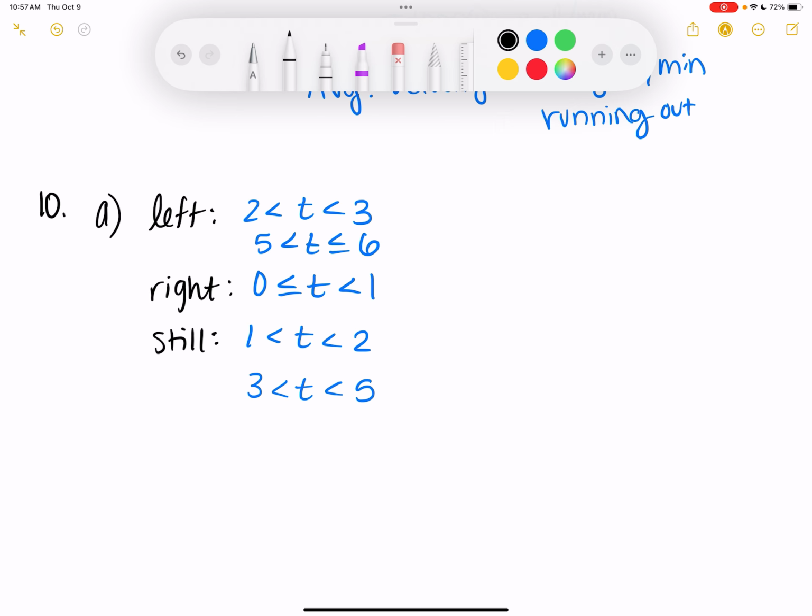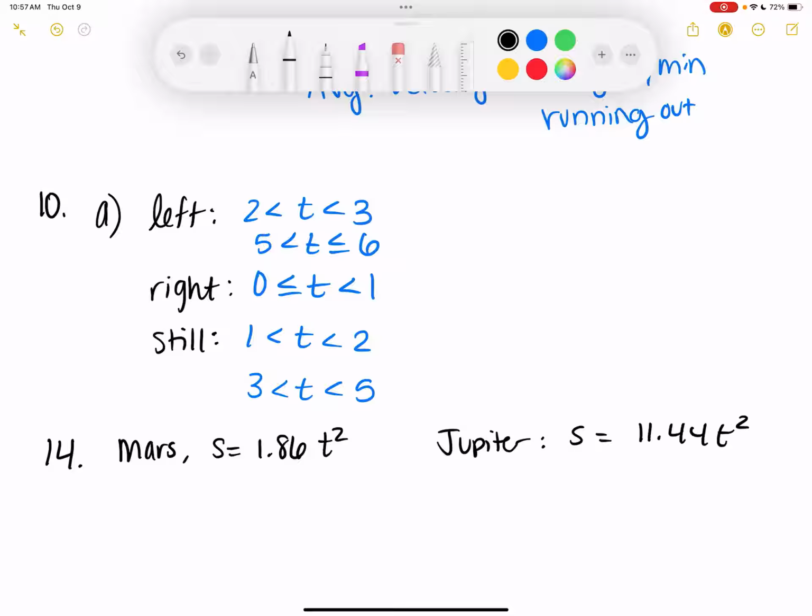Okay, free fall. So number 14. The equations for free fall near the surfaces of Mars and Jupiter, S in meters and T in seconds, are, for Mars, S equals 1.86 T squared, and for Jupiter, S equals 11.44 T squared.